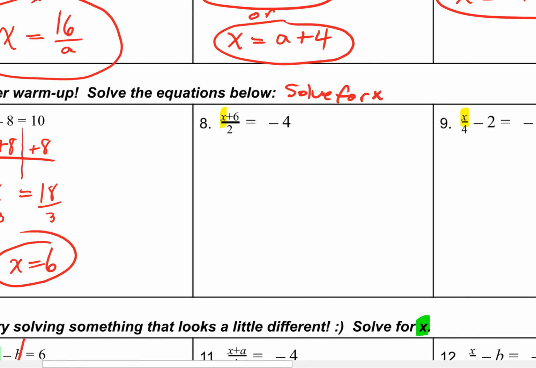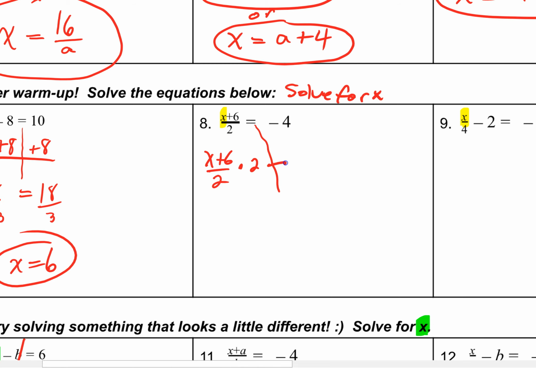Guys, when we're looking at number 8, very different kind of perspective. Remember how we talked about solving such an equation right here? Look at that left-hand side. We've got x plus 6 all over 2. The last thing that would have been done setting this equation up would have been dividing by 2. Very different when you get a whole fraction here.